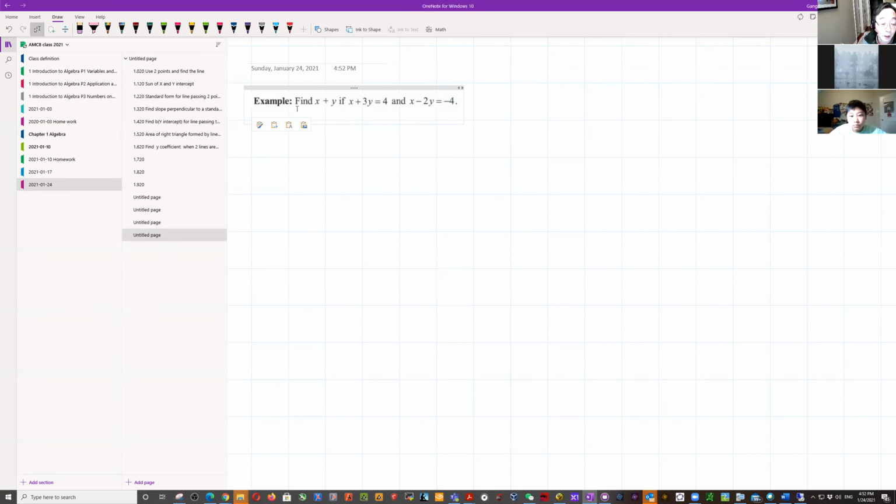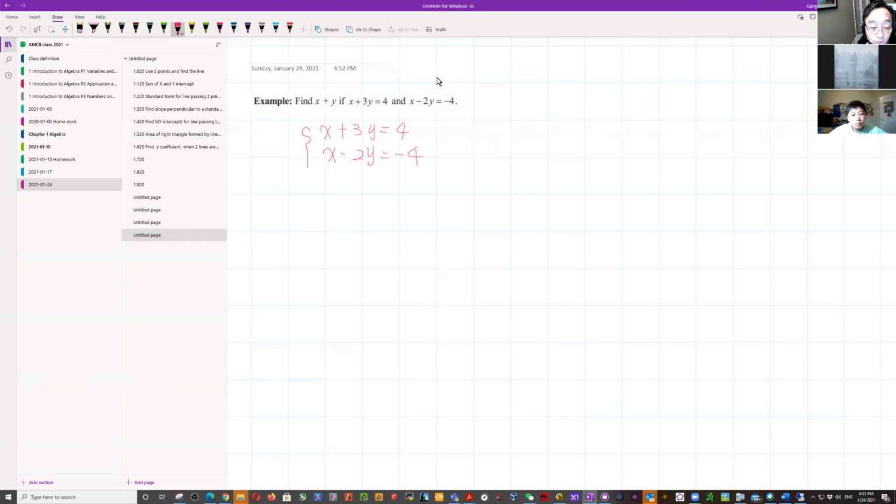Basically, you have an equation system: x plus 3y equals 4, and also x minus 2y equals negative 4. So basically, this is what it's asking you.